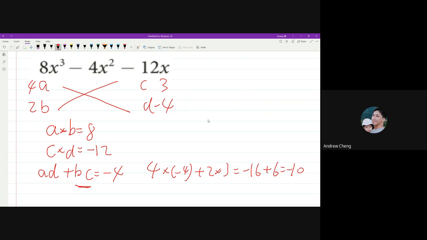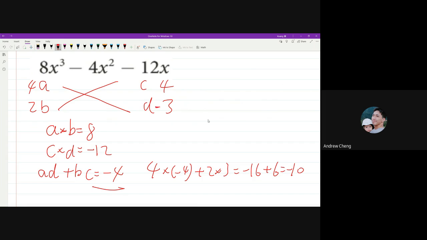It's not the result I want. I want to make it -4. So I need to try another combination. So I will switch this, maybe the negative sign here, or maybe 4, 3, and then negative, because it's negative, so I put negative.